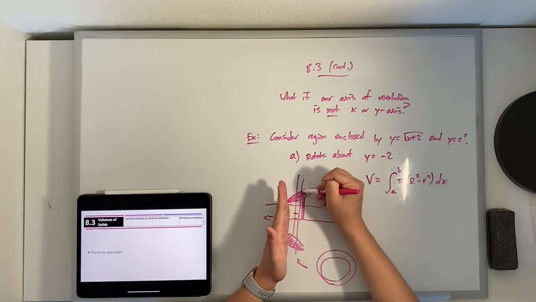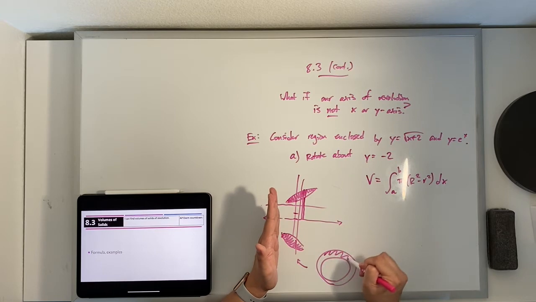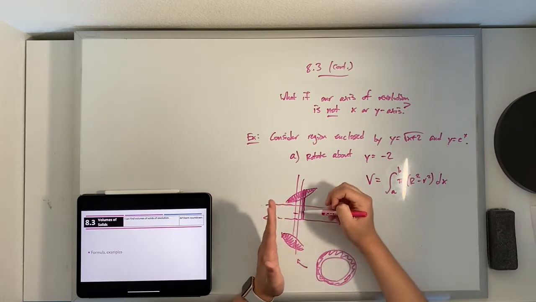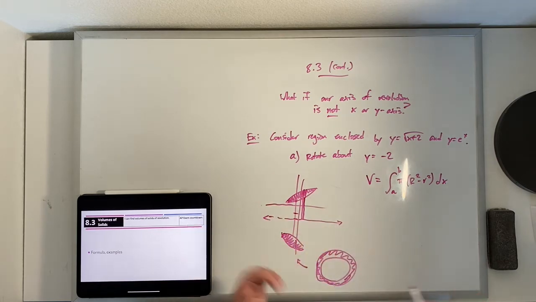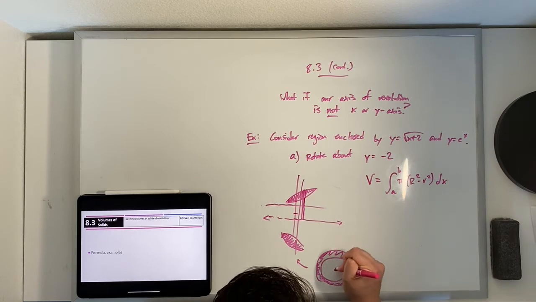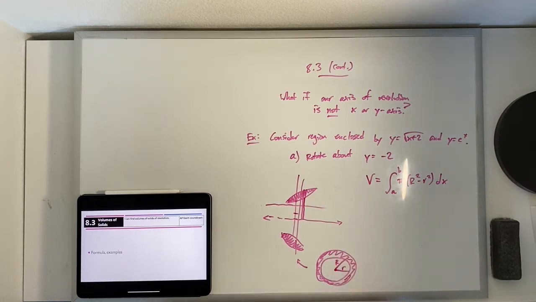So this part right here is our filled in circle all the way around the washer. And then this big gap in the middle is the inside of the washer that we need to subtract away. So this is our small radius, this is our big radius.